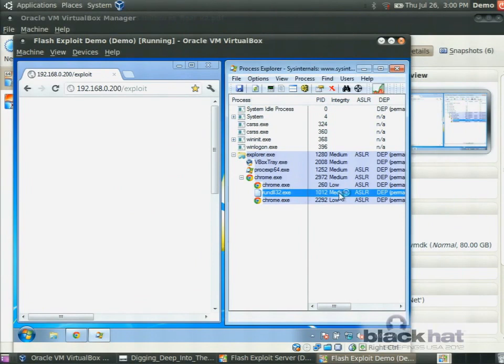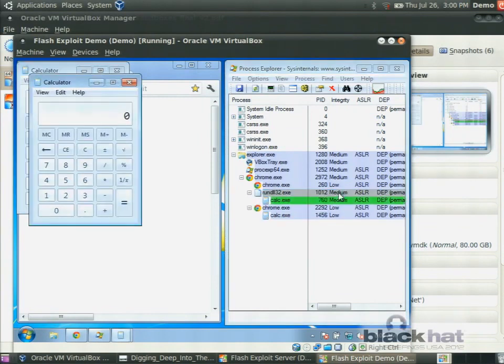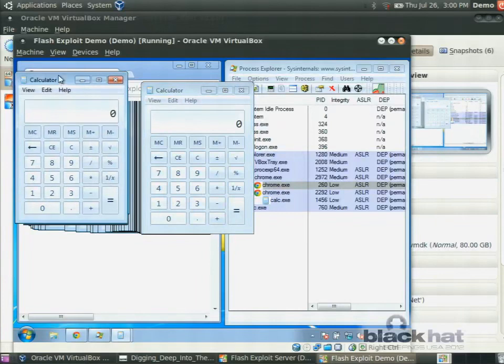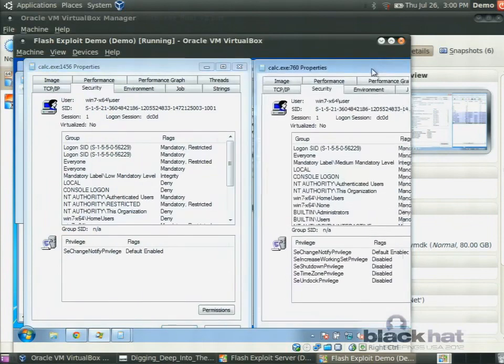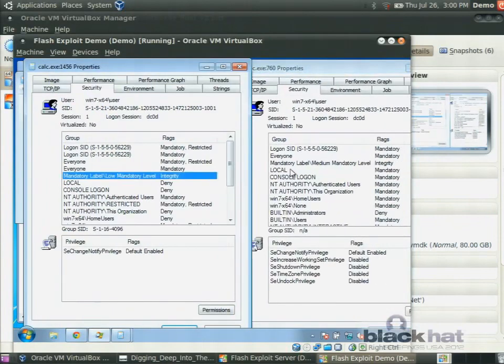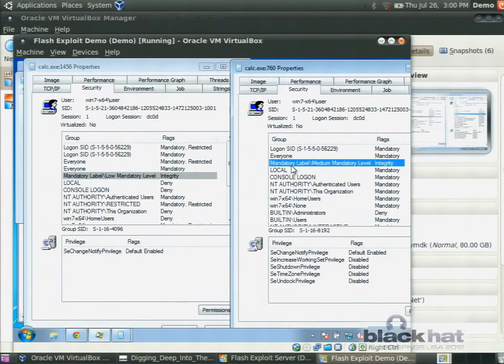And please look at this Process Explorer, and you can see that it will open the Flash Broker process, and to visualize a successful exploitation, we are going to spawn not one but two calculators. As you can see, one calculator has an integrity level of medium, and that's the one that is spawned by the exploited broker process, and the other one has an integrity level of low.